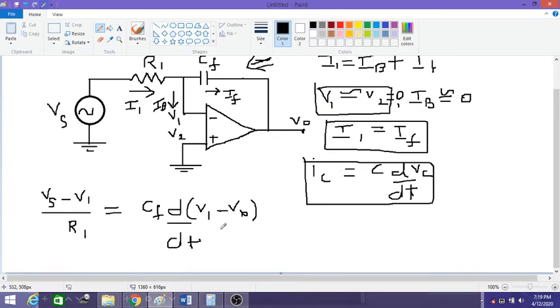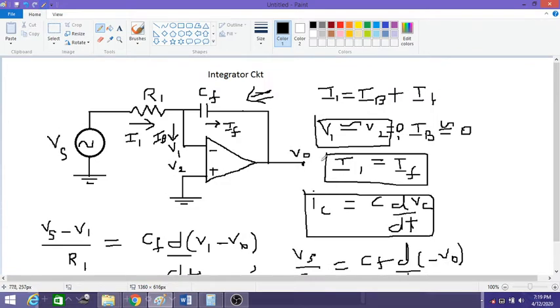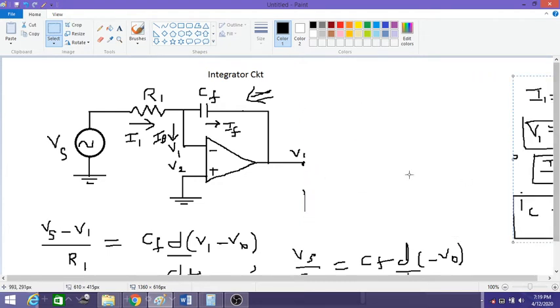Now applying this, the equation becomes Vs by R1 equals Cf of d by dt of minus V0. Let me rearrange this equation, and move this entire section to the right so that I can create space to write.